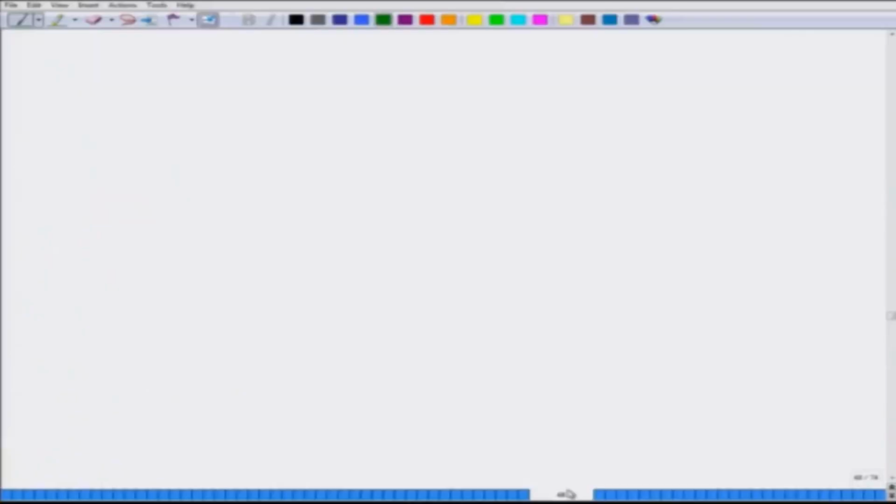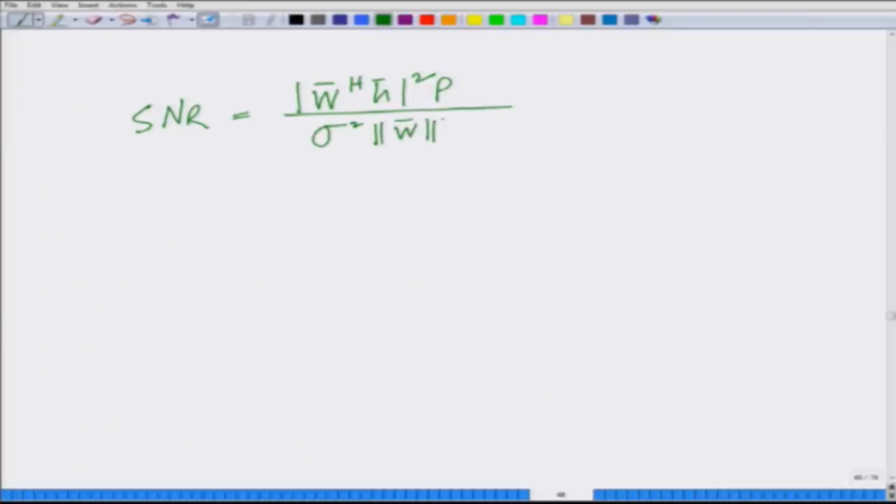And now what we want to derive is the SNR. The SNR, remember, equals magnitude of w bar Hermitian h bar squared times p divided by sigma square norm w bar square. Let us compute this quantity w bar Hermitian h bar.